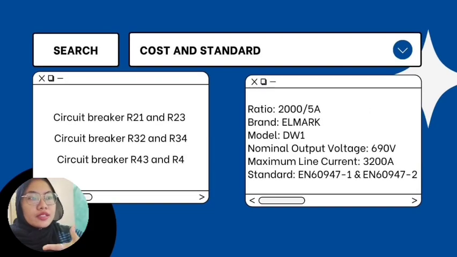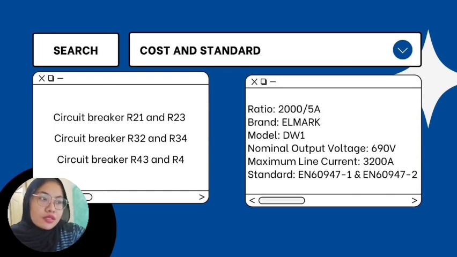For the next circuit breaker, it will be the other 3 groups of circuit breaker, which is R21 and R22, circuit breaker R32 and R34, and lastly circuit breaker R43 and R4. For these 3 groups, we will use the same ratio, which is 2000 over 5 ampere, and it is from the brand AMIR, and the model is DW1.